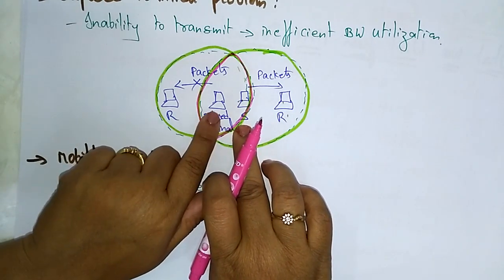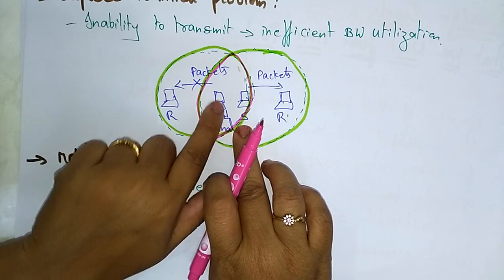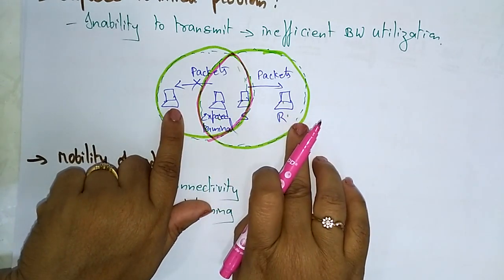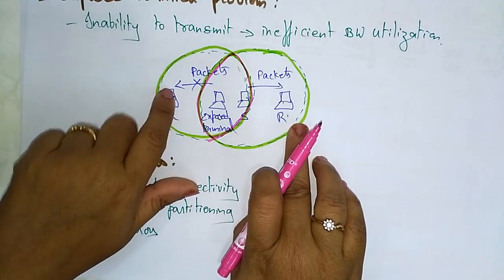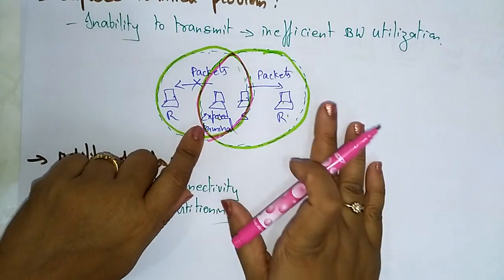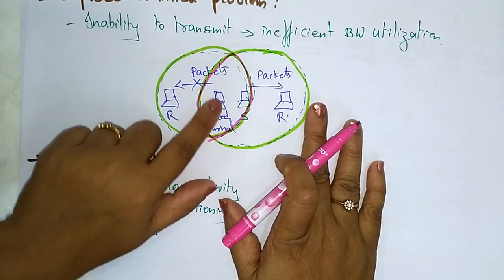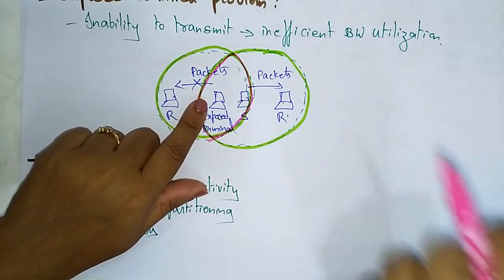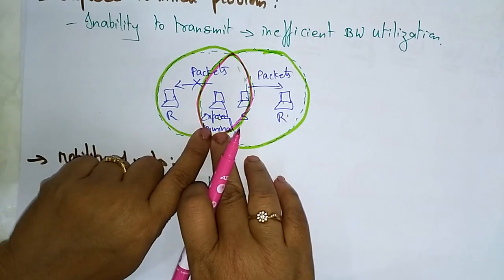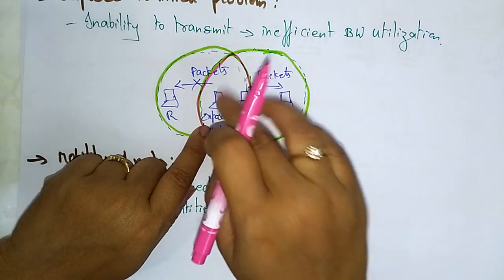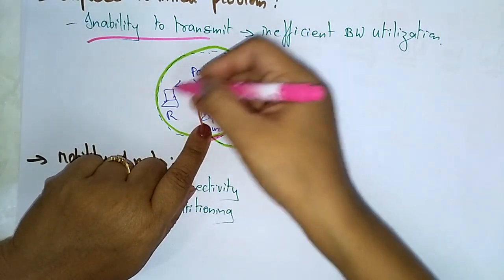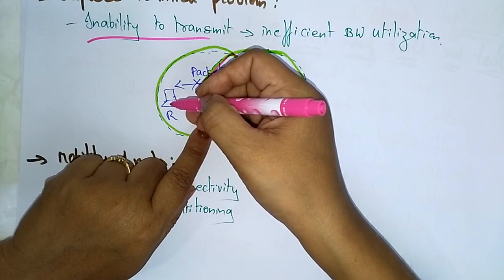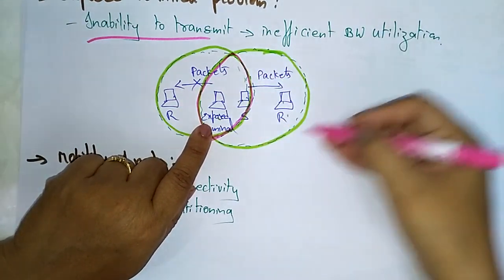Even though the sender is sending the packet, the exposed terminal has to wait until the receiver receives it. But this exposed terminal does not know whether the packet is completely received or not. It has to wait a long time. It is not able to transmit because the sender is still sending the packet.